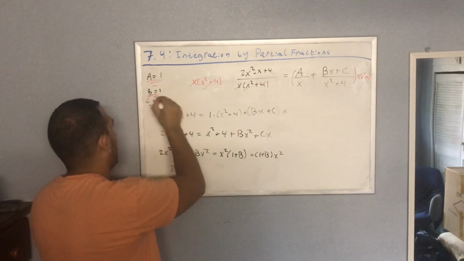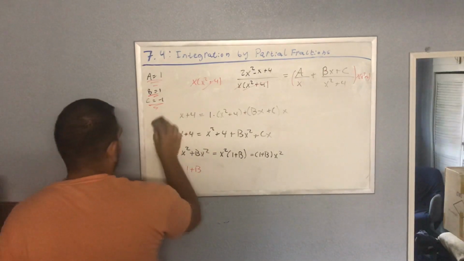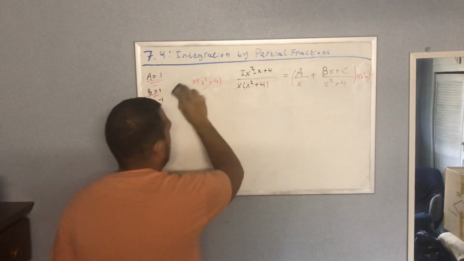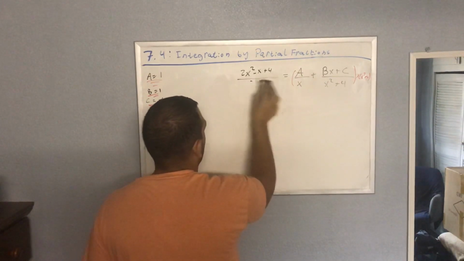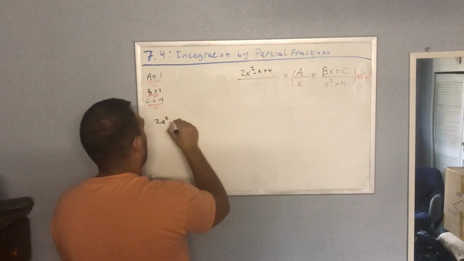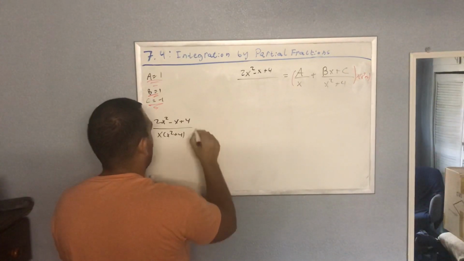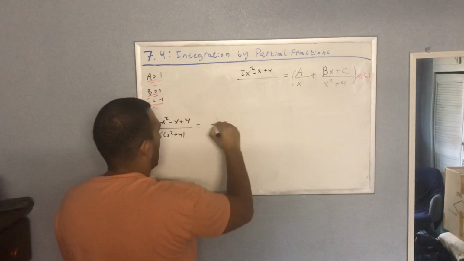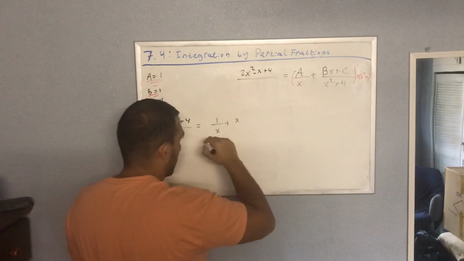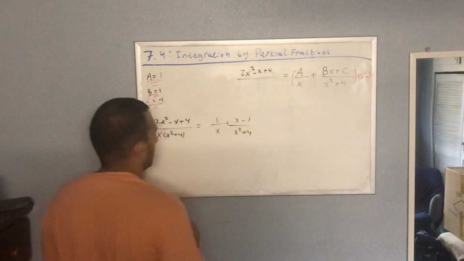So now we have the 3 components of what we're trying to find. Now we know that 2x squared minus x plus 4 over x times x squared plus 4 is equal to a, which is 1 over x, plus b times x, so just 1 times x, which is x, plus c, minus 1, all over x squared plus 4.